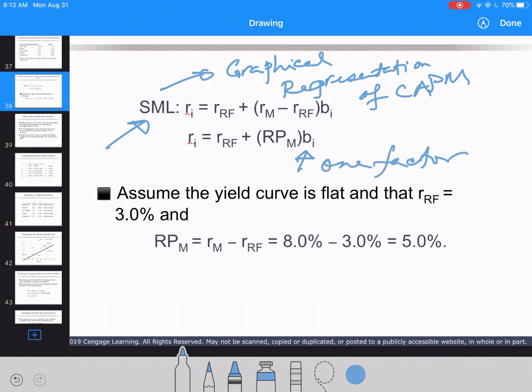Yet, such a simple theory says that required return would be a function of the risk-free rate, the risk premium, and beta.